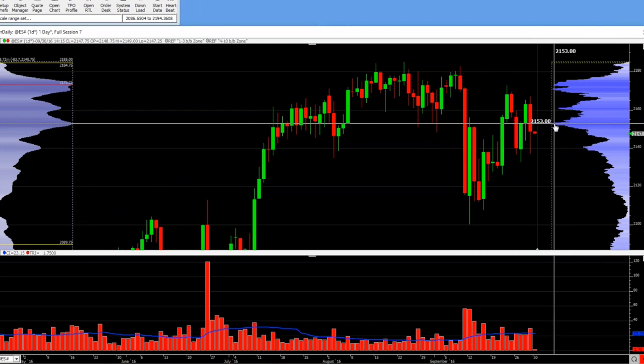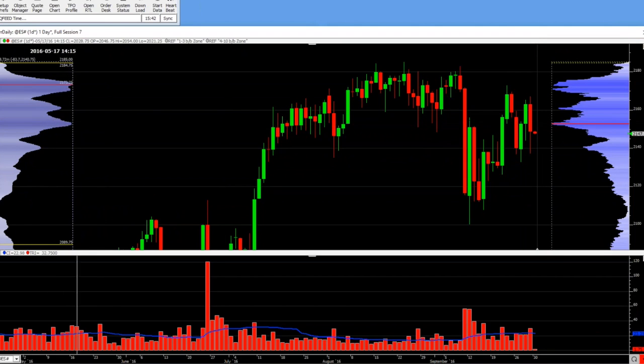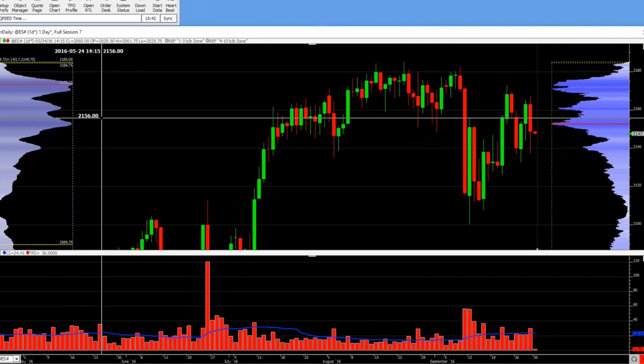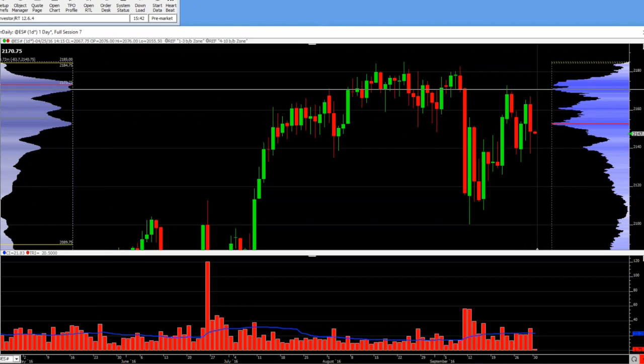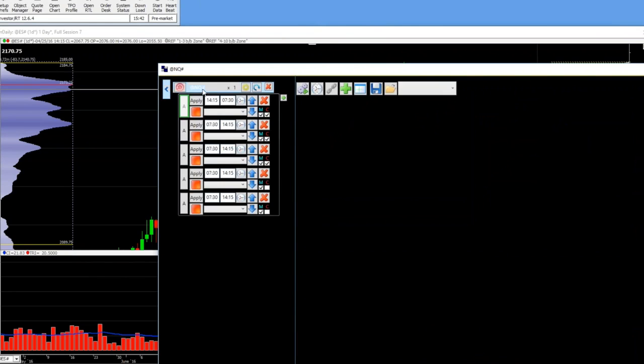The point of control is 2153. There's also a node here on the 3-month, the point of control there is 2173. You do get different perceptions of value again in different time frames.